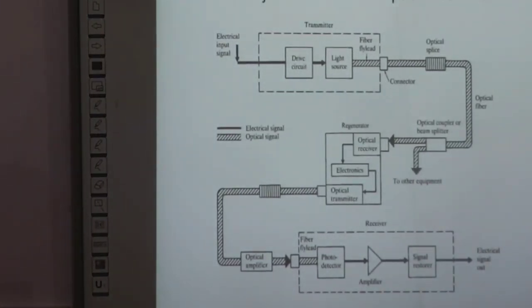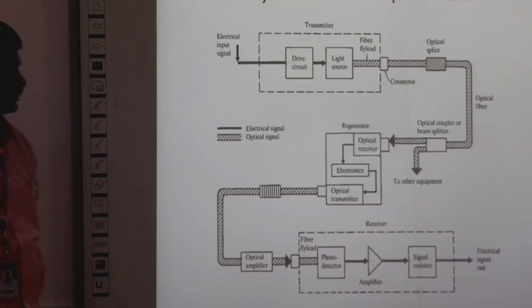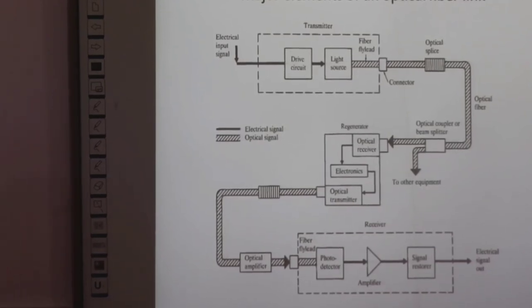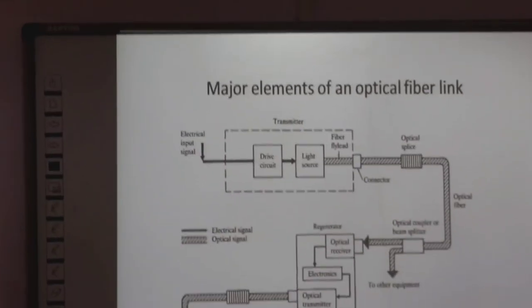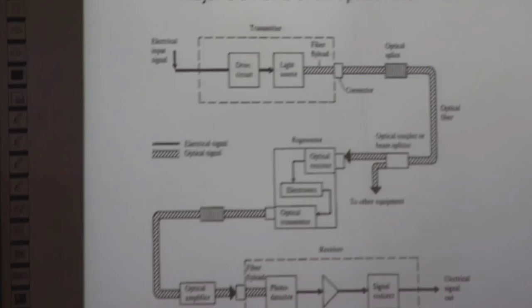When you see this block diagram, the black line shows the electrical signal, which is our input signal. It is given to the transmitter. The transmitter consists of a drive circuit and a light source.